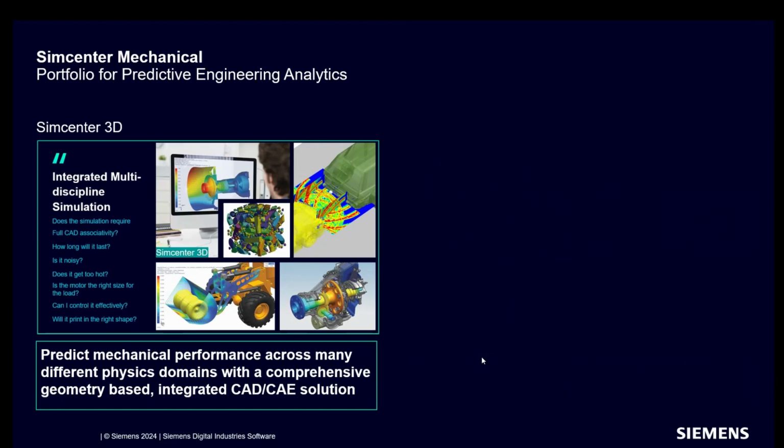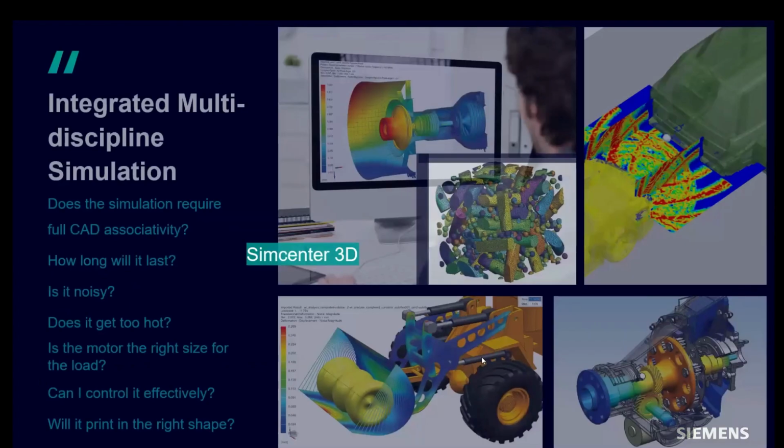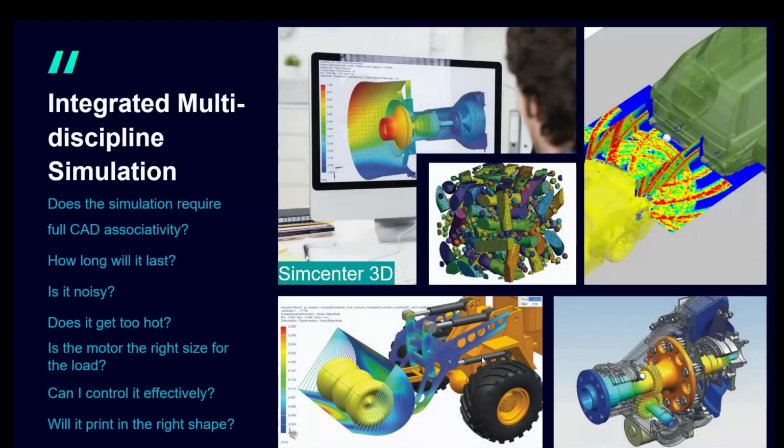So let's start with Simcenter 3D. If you look at it at the very top level, it is an integrated multidiscipline simulation where we try to answer things like, does the simulation require full CAD associativity? If it does, then you'll see as we move forward, this is probably an ideal environment for you, because that's what we have within this tool. We have both CAD tools and simulation tools together. But it answers questions like, how long is a part going to last?